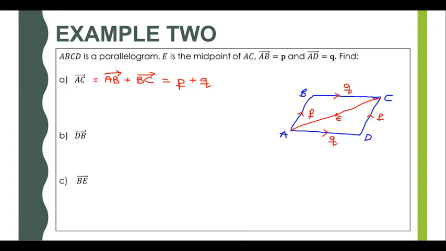So we can write that as DC plus the vector CB, which is the same as DC minus the vector BC, which we know is equal to P minus Q.